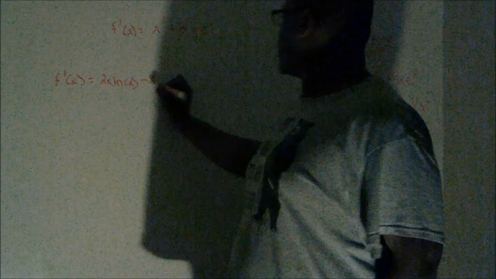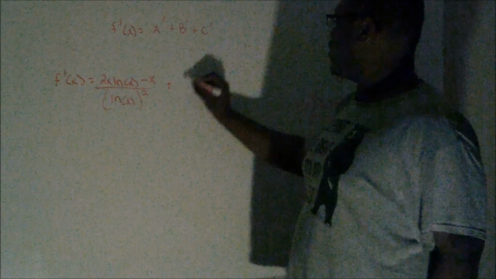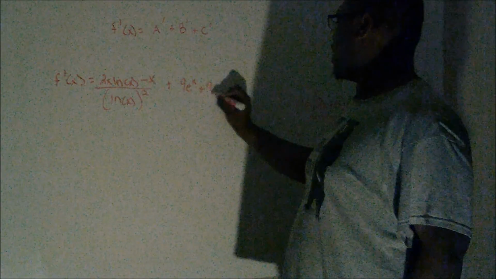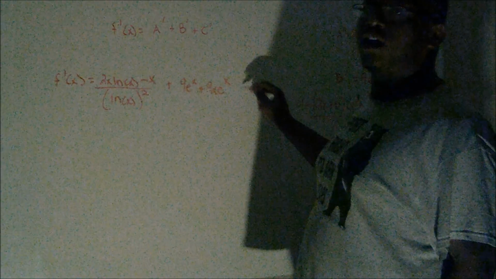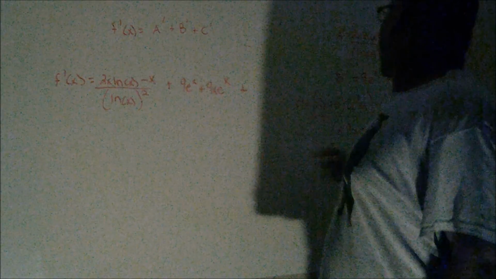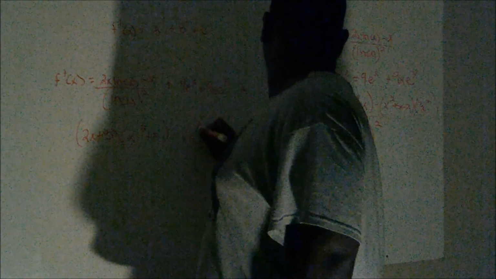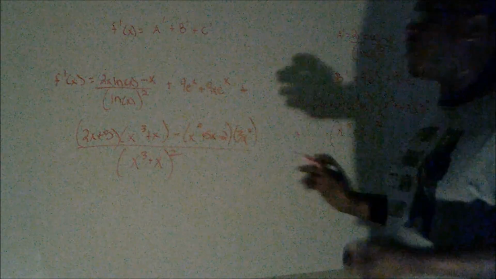We have f prime of x is simply equal to 2x natural log of x minus x all over natural log of x squared, this was our a prime, plus b prime, which is 9 e to the x plus 9x e to the x, and then plus, I'm going to have to go down a little bit, that huge c prime term we just determined, plus 2x plus 5 times x cubed plus x minus x squared plus 5x minus 2 times 3x squared all divided by x cubed plus x squared. And this is our final answer.